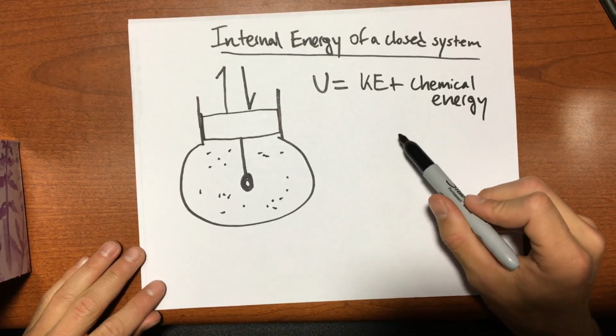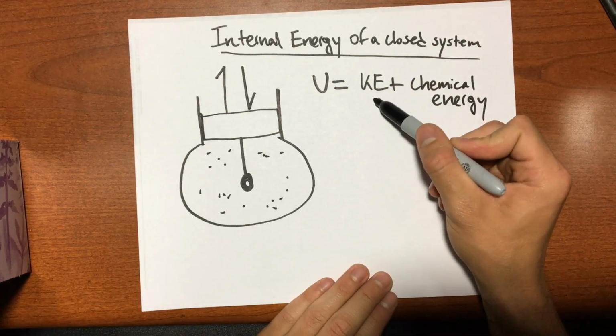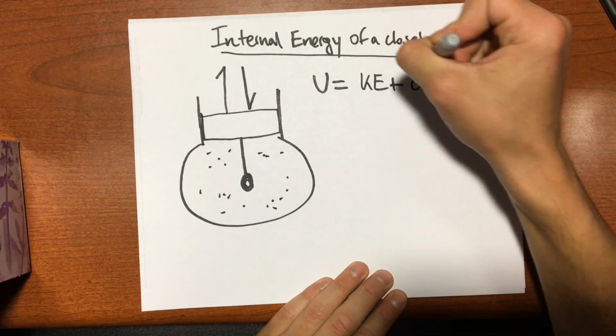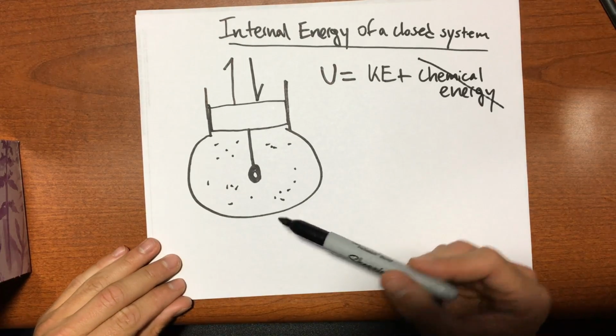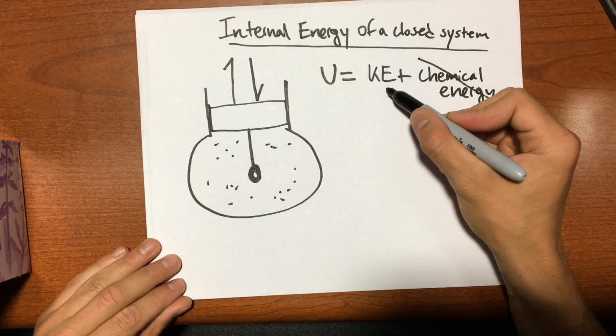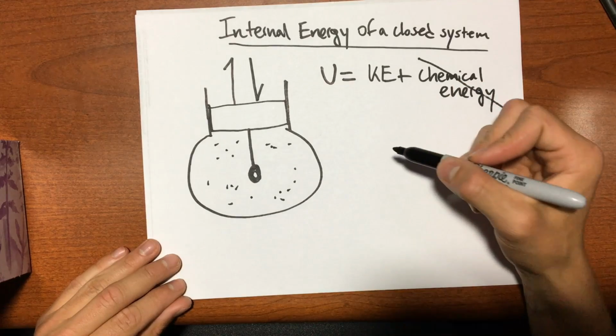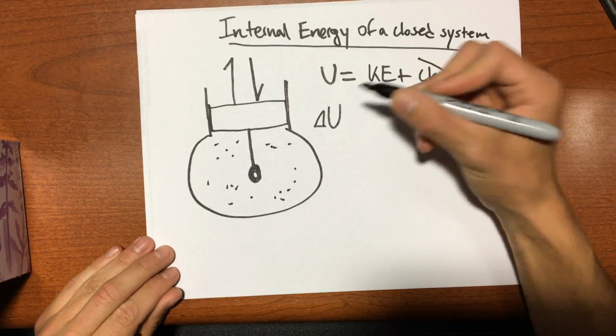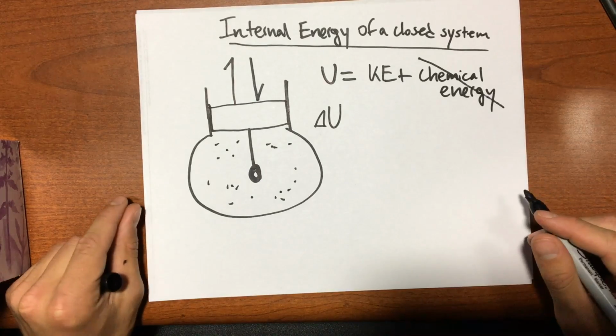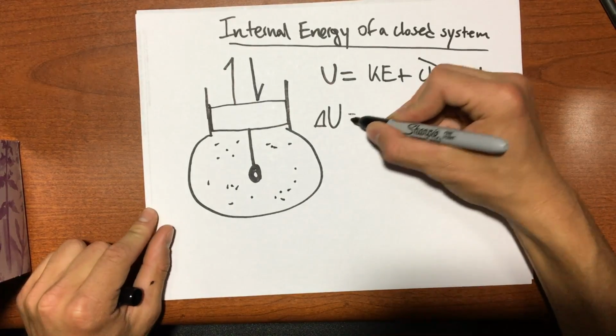We are just going to be worrying about the kinetic energy part of that, because this is a physics class after all. So, the important part of the kinetic energy is how it changes in this system. So we're going to call that the change in internal energy, and it can change in one of two ways.